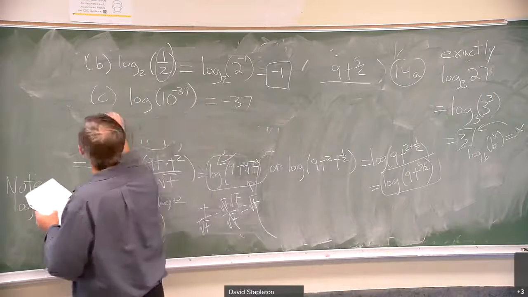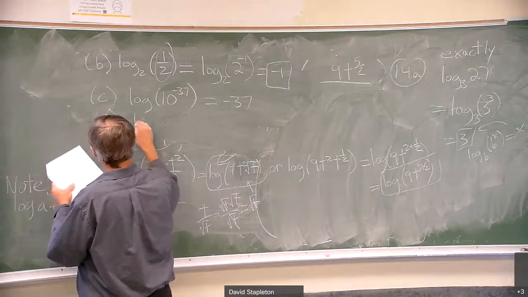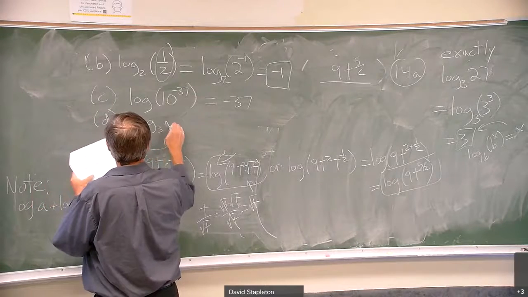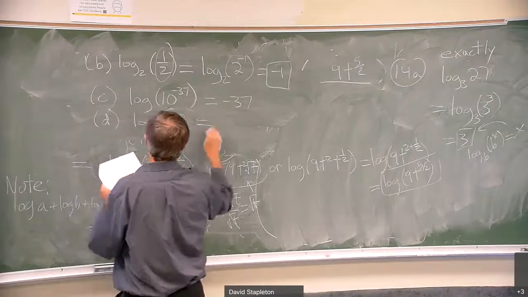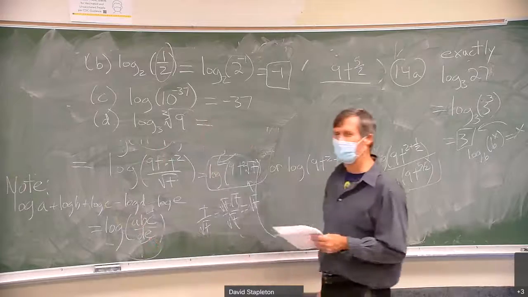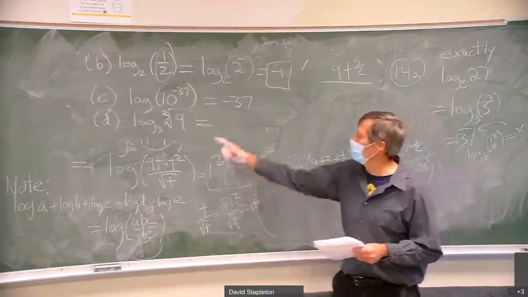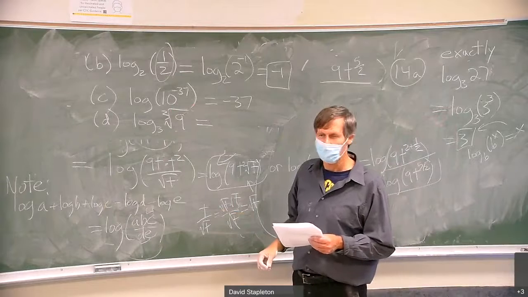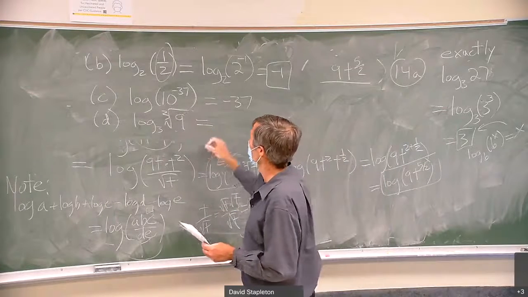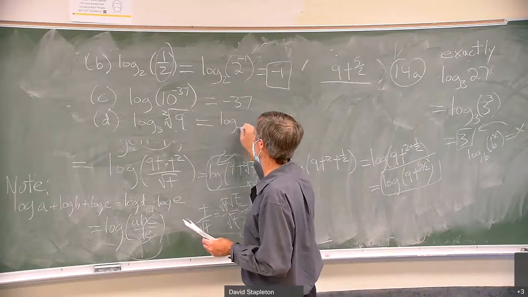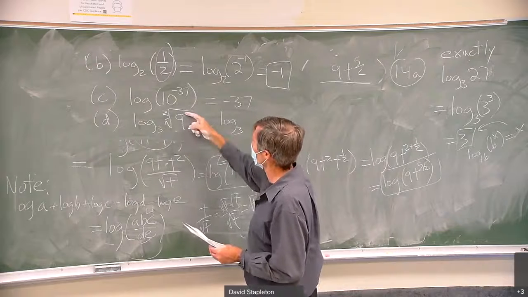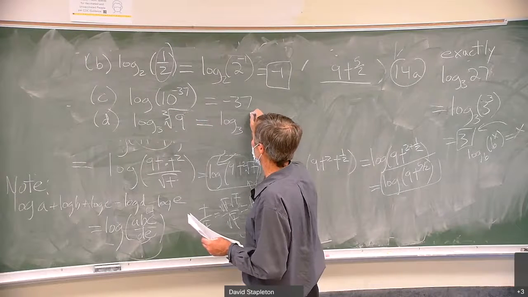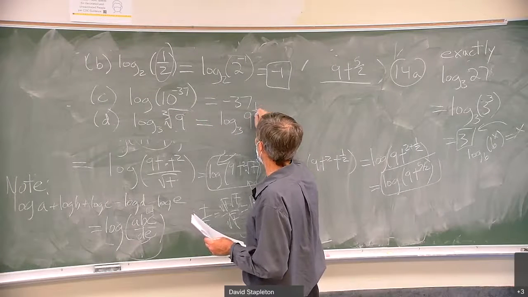Here's D. What's the log base 3 of the cube root of 9? Oh, what do I do with that? How do I write this as a power of 3? Yeah, exactly. Roots are just rewritable as fractional exponents, right? Third root, and this is 9 to the first power and third root, so you write it as 9 to the 1/3.